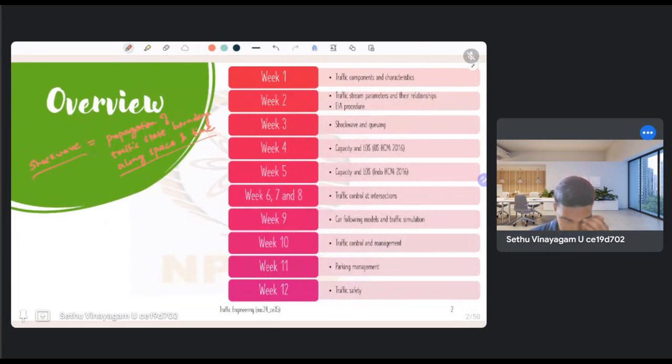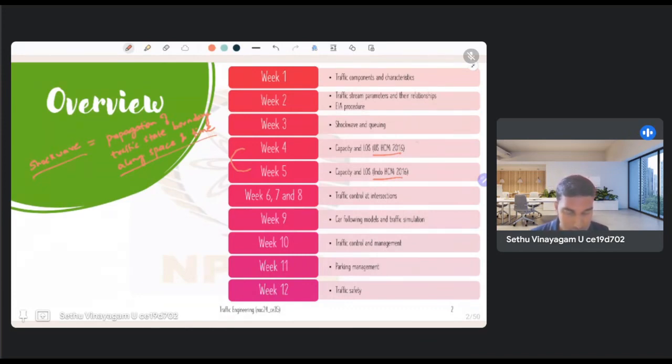Those were covered in week three, and in weeks 4 and 5 we were looking at capacity and level of service analysis, right? Using different methods. First we started with the US Highway Capacity Manual, and then we also looked at the Indian HCM manual, called Indo HCM.